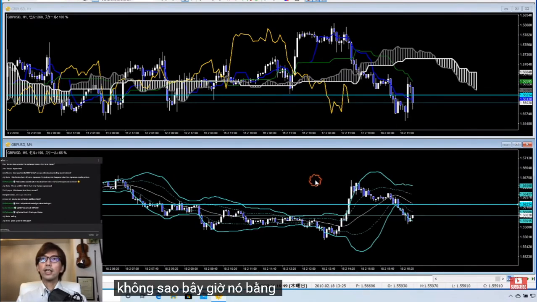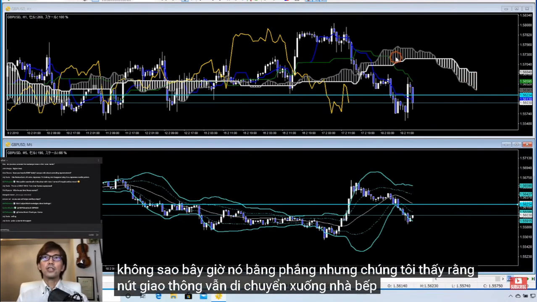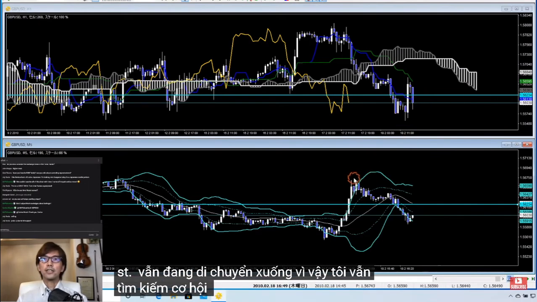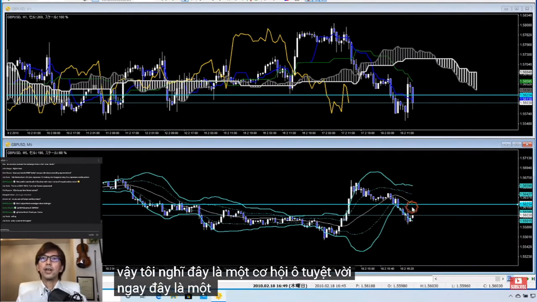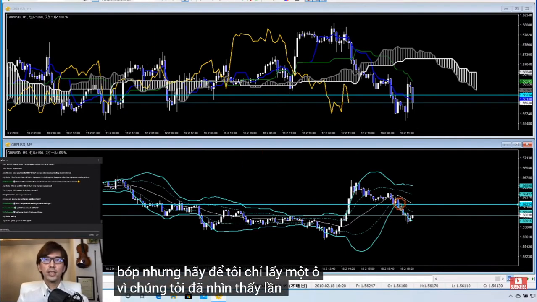Okay, now it's flat, but we see that the Kumo is still moving down, Kijun Sen still moving down too. So I still look for the sell chance in this case. So yeah, I think this was a great sell chance, right?